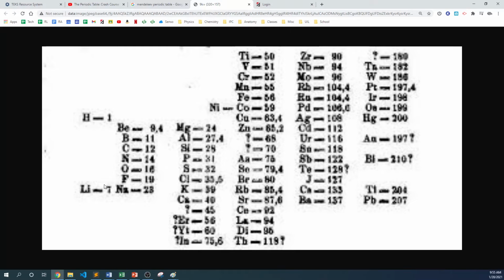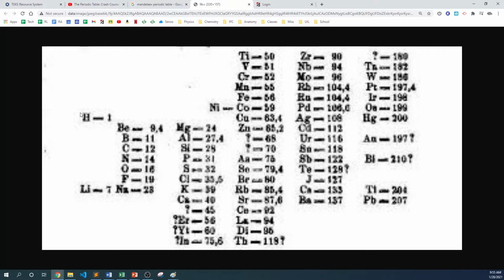If you look at the first group, that's hydrogen, lithium, potassium. On the real periodic table, it goes down. On his, it goes to the right. Lithium, sodium, potassium, rubidium, cesium, and so forth. So it goes to the right.